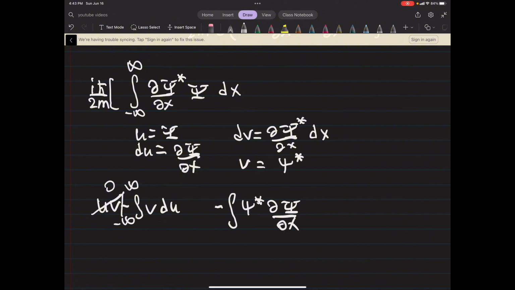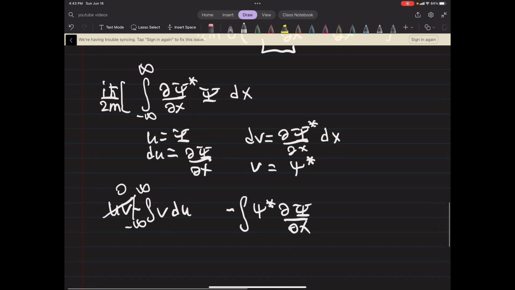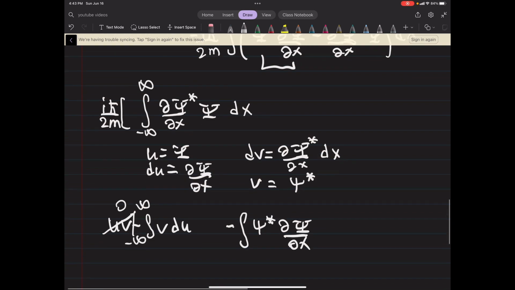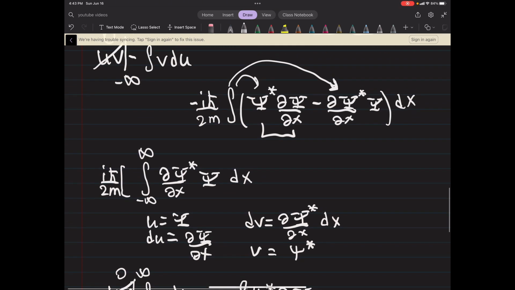right here. But you'll notice that is exactly this term here. So essentially, and we have a negative sign, so it makes it positive. So essentially, when we add those together, you're going to have a 2 psi star d psi dx. And then we'll pull this 2 out to cancel with this 2 here.